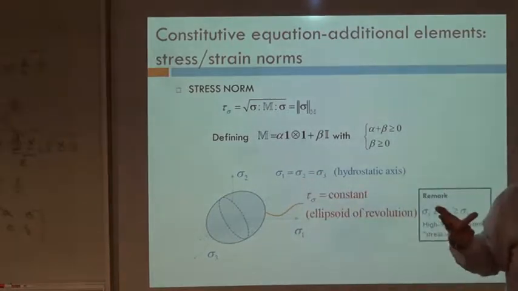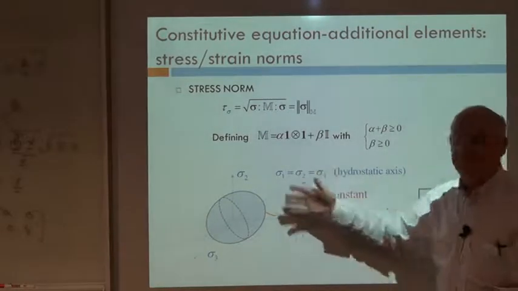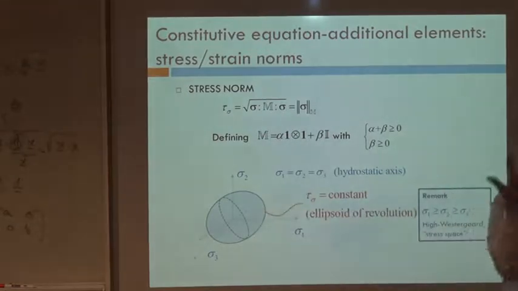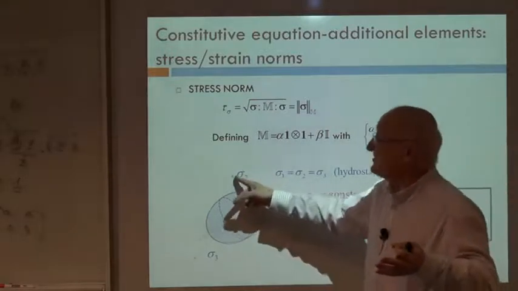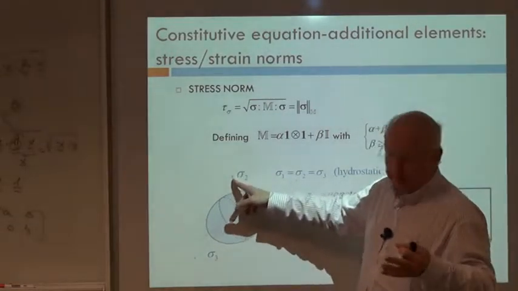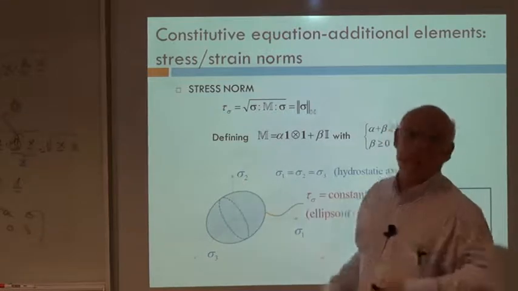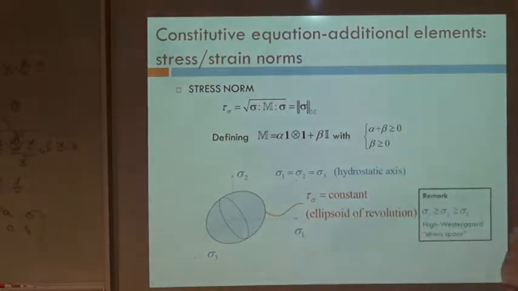Every second-order tensor is amenable to create a similar three-dimensional space. So we could talk, and we will talk, of the strain space as the one obtained by the principal strains characterizing the strain state of every point, etc.